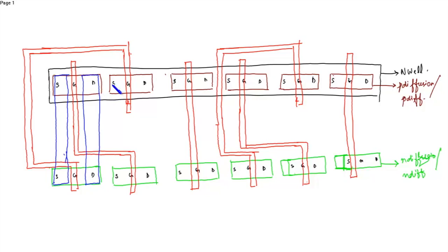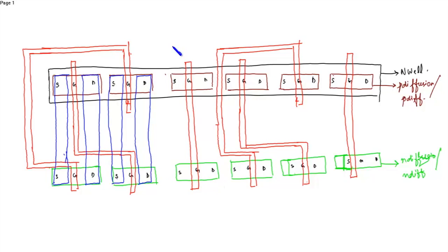Then this is transmission gate 2, where again this source is connected with this source, this drain is connected with this drain. Okay. This is an inverter.